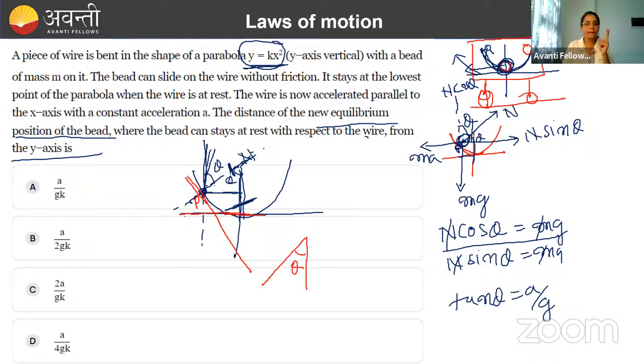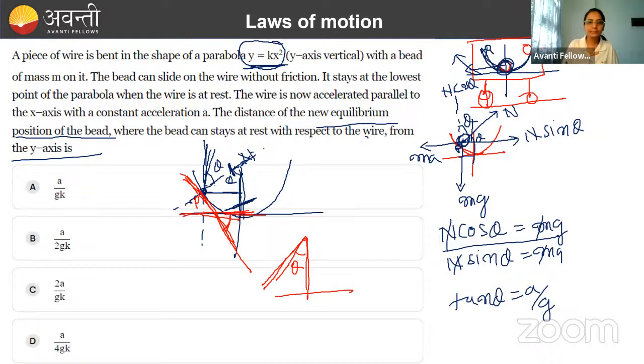I have told you, if the angle between two lines is theta, then the angle between their perpendiculars will also be theta. So perpendicular to the tangent at that point is this line, and perpendicular to this line is this line. So the angle between this line and this line is also going to be theta.